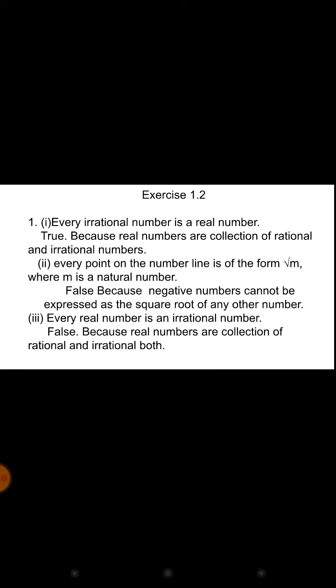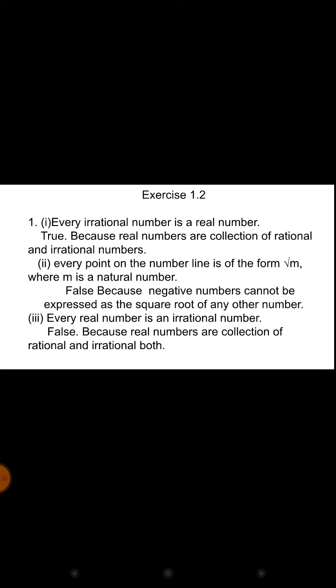Second part: every point on the number line is of the form square root of m, where m is a natural number. As we know, whenever we find the square root of any natural number, we get a positive value.